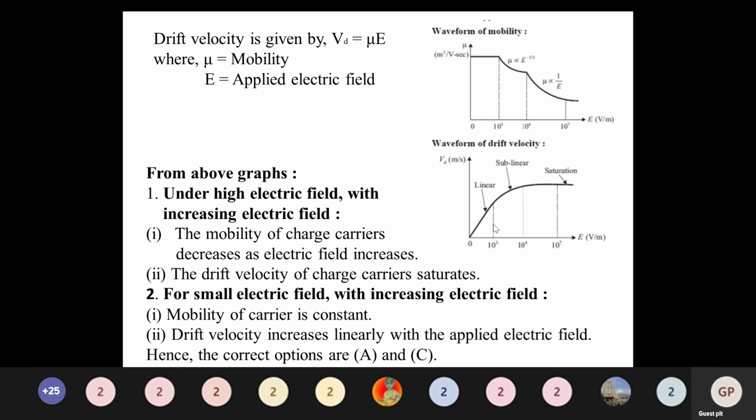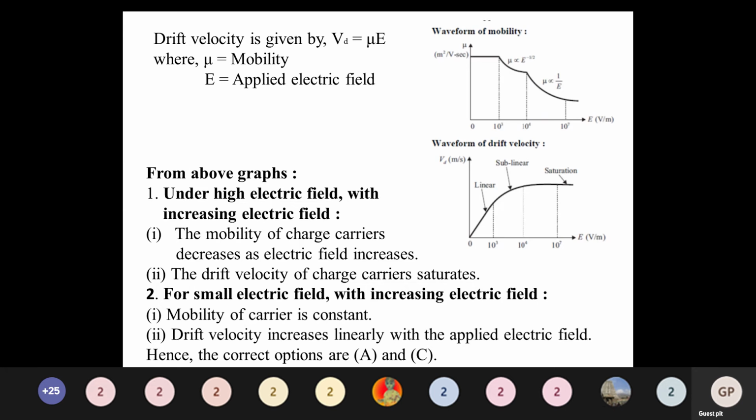So it is linear, both are directly proportional. Initially, both are increasing. After a particular point, if you increase the electric field further, the corresponding drift velocity becomes constant. That is, it reaches a constant value of drift velocity. So these are the two concepts we have.